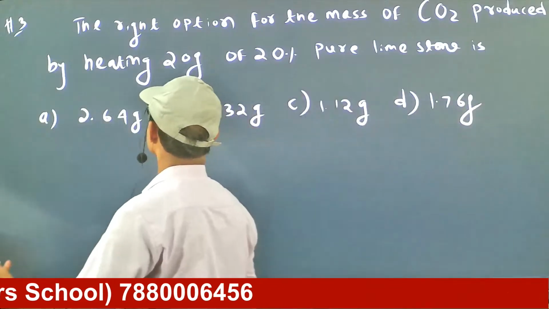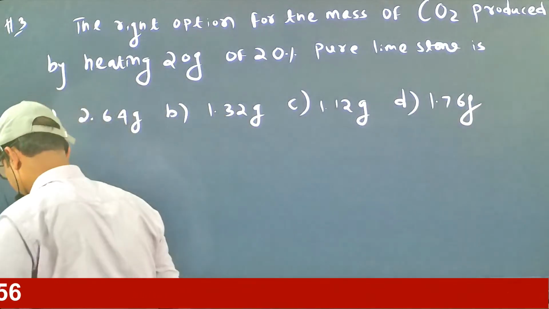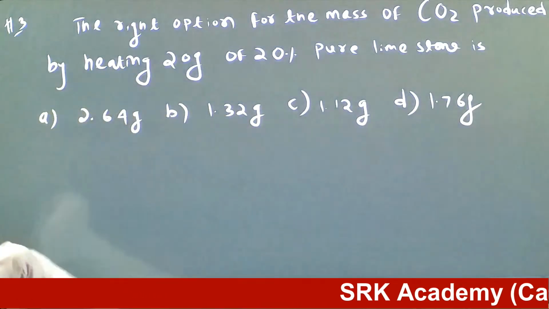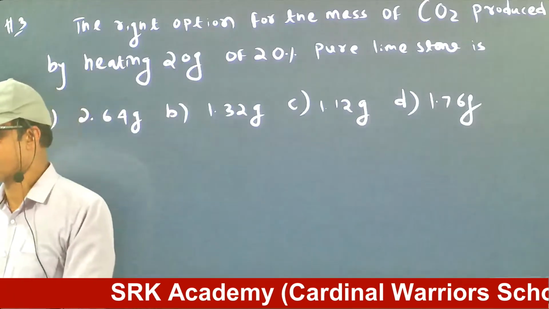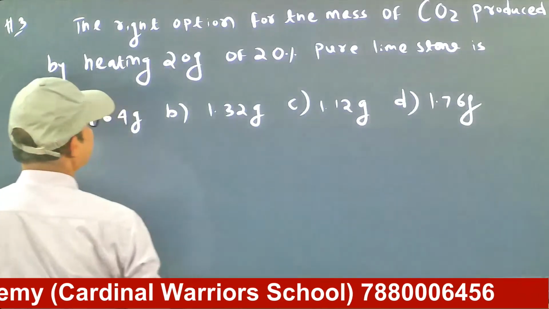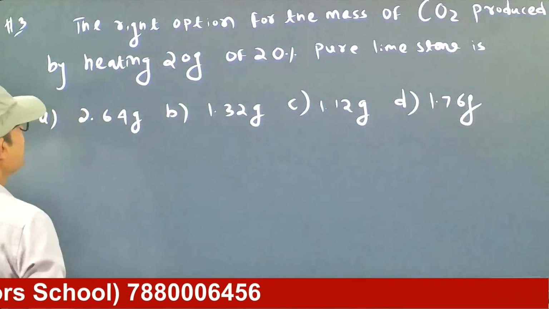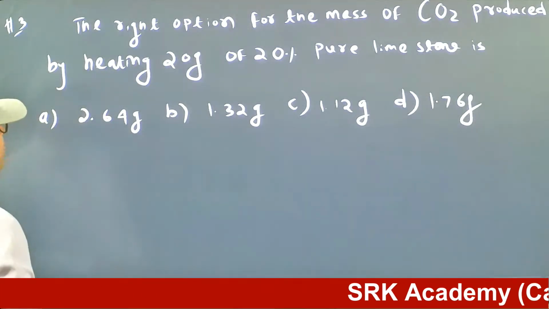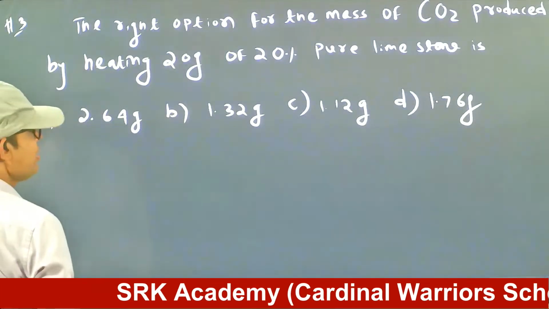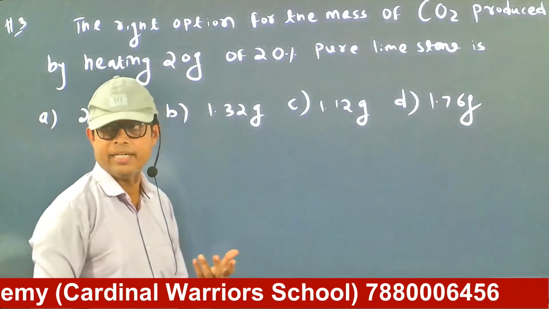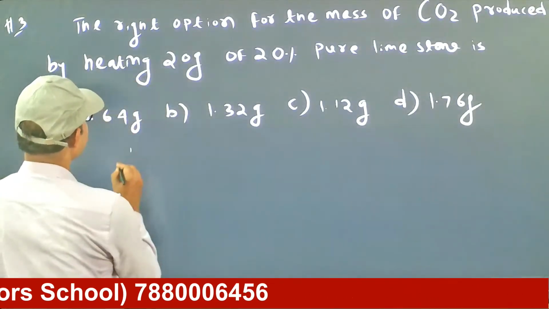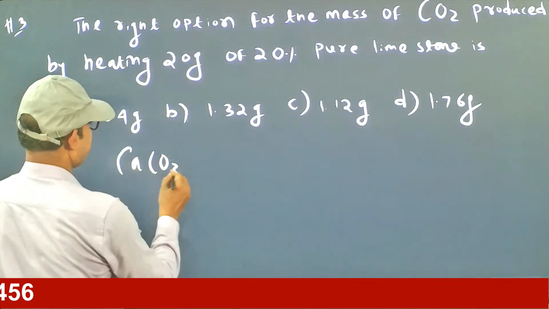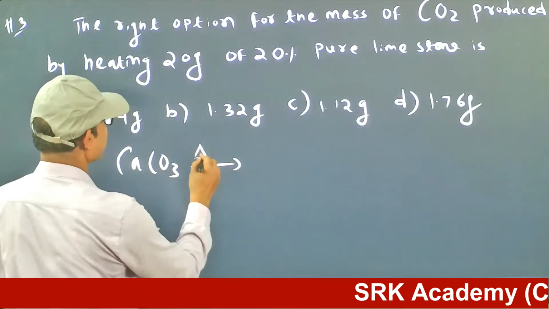The right option for the mass of carbon dioxide produced by heating 20 gram of 20 percent pure limestone. What is the formula for limestone? CaCO3. Right? When CaCO3 is heated, first you write the balanced chemical equation.